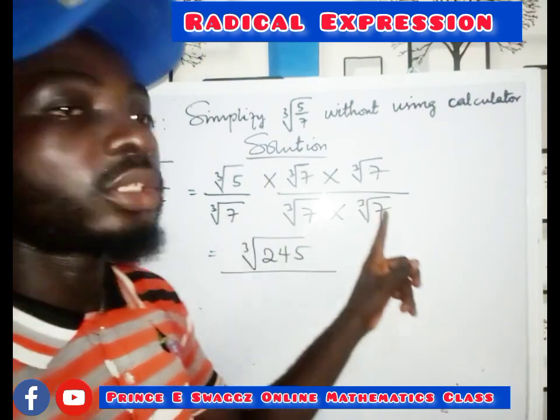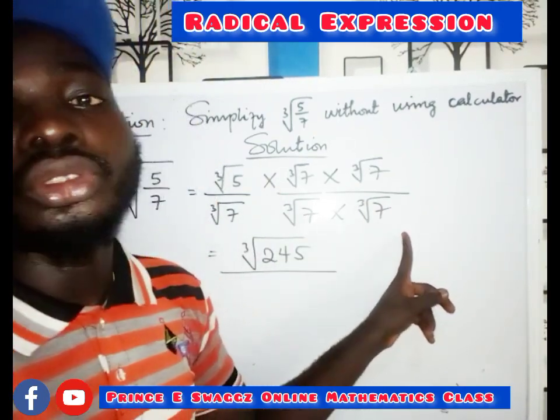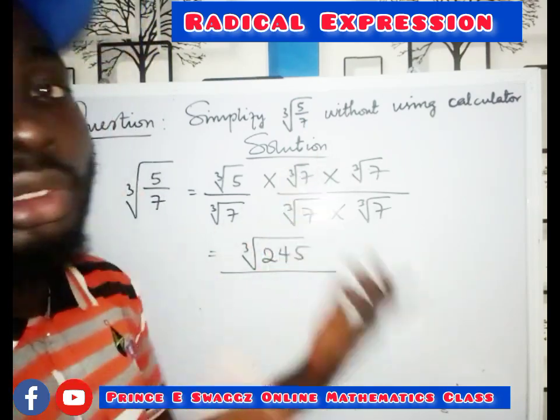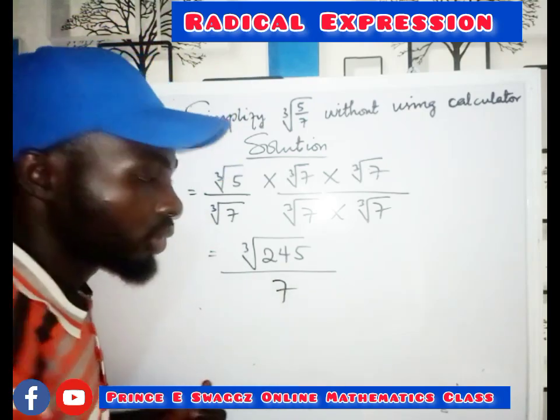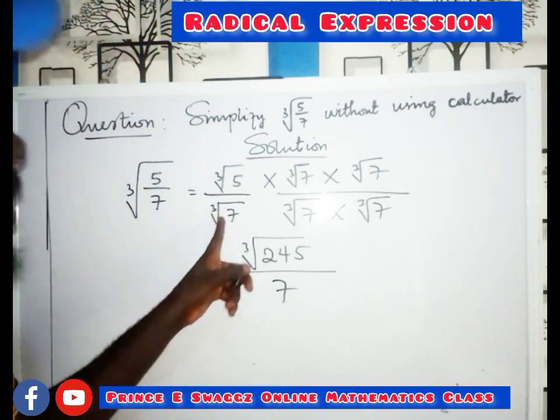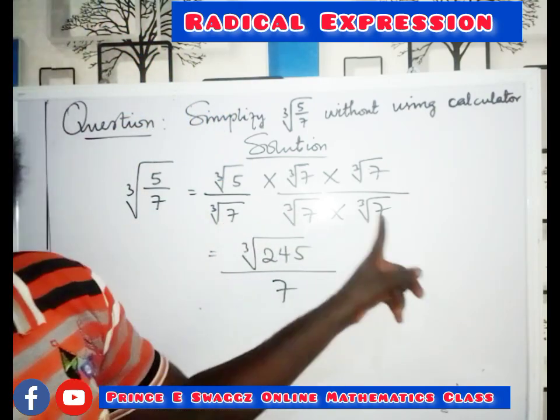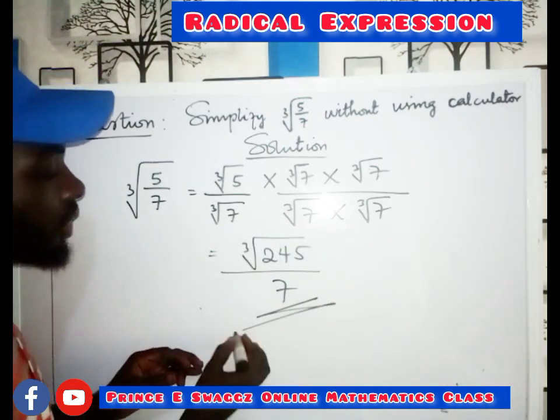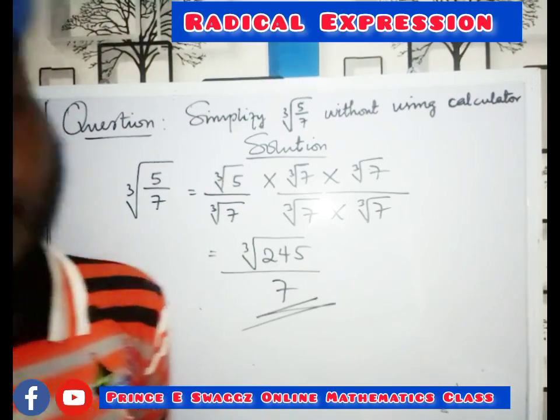The cube root of 49 times the cube root of 7 again is going to give us the cube root of 343. And the cube root of 343 is 7. So the cube root of 7 times the cube root of 7 times the cube root of 7 will give us 7. And this is the final answer to this expression.